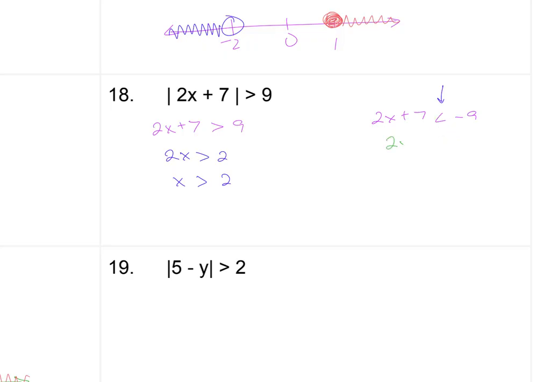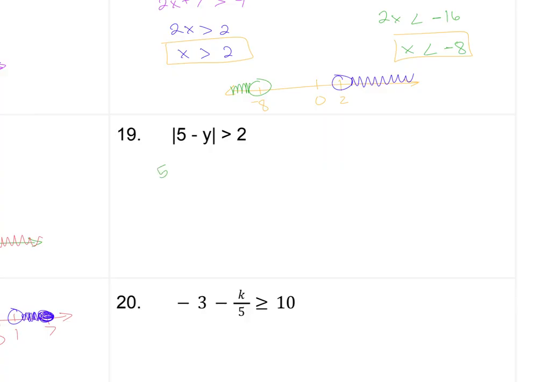And then subtract 7, divide by 2. So these are your answers. Here comes the graph. Open dot, x is all the numbers that are bigger than 2. And open dot, all the things that are less than -8.